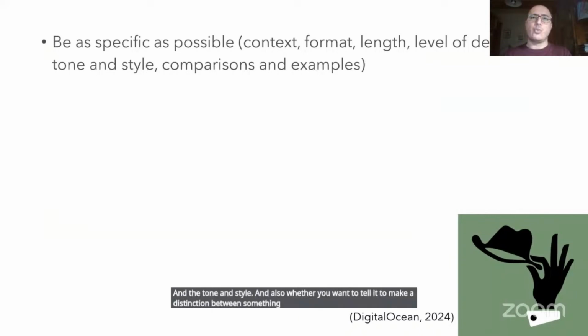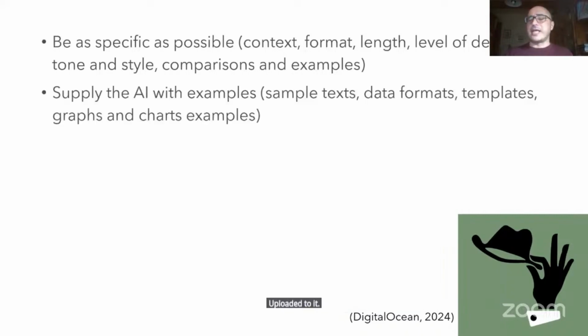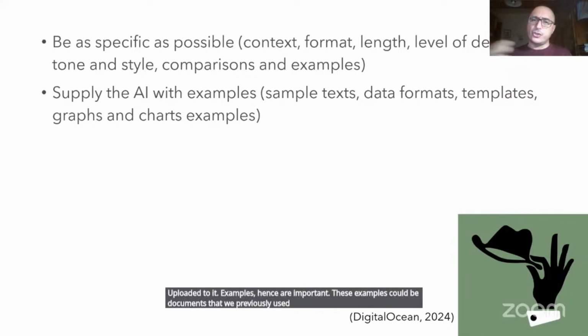So sometimes we not only give it a prompt, but we also upload certain documents, certain images even, in order for it to get better context and in order for it to replicate something that we have uploaded to it. Examples, hence, are important. These examples could be documents that we previously used and now we want a new version.